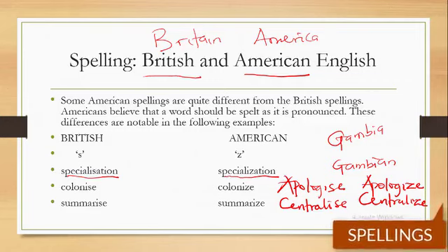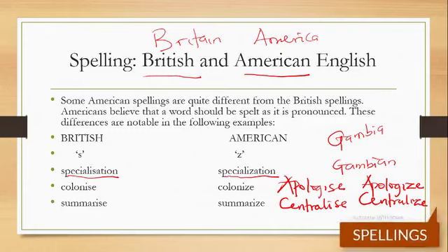Precisely British English. So when you have to spell the word specialization, you spell with S, not a Z. If you want to spell summarize, you spell S-U-M-M-A-R-I-S-E. But if you're using American English, you use S-U-M-M-A-R-I-Z-E.